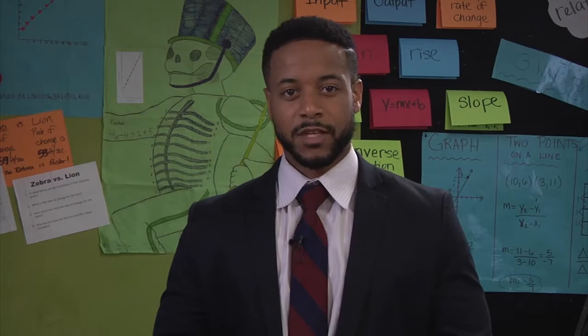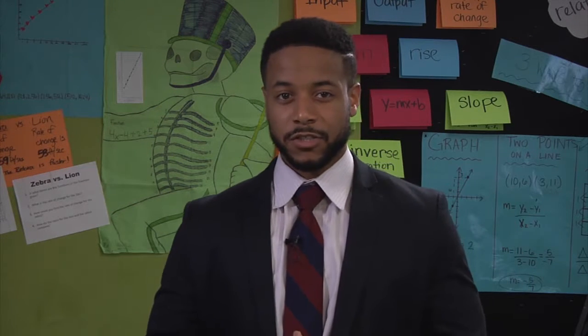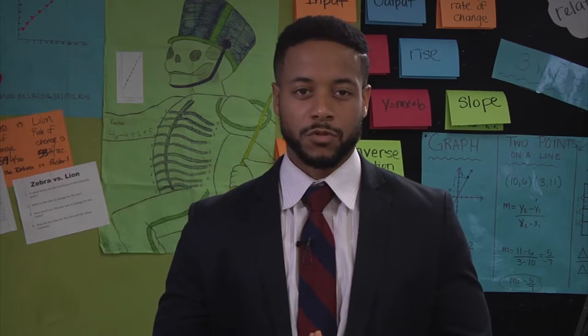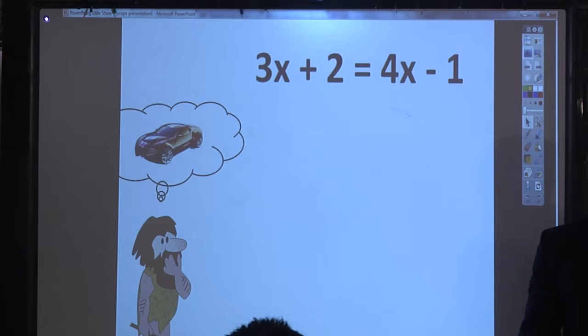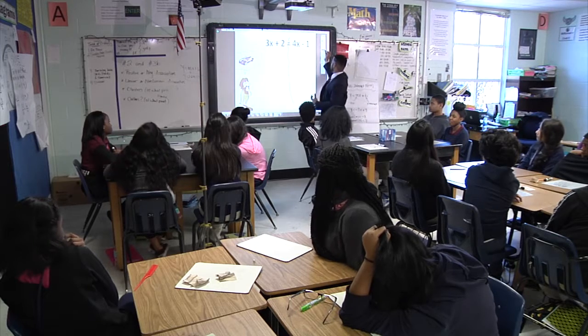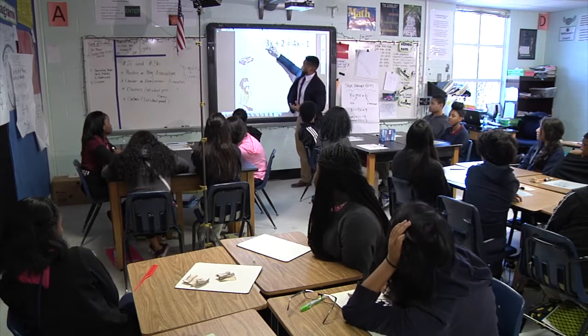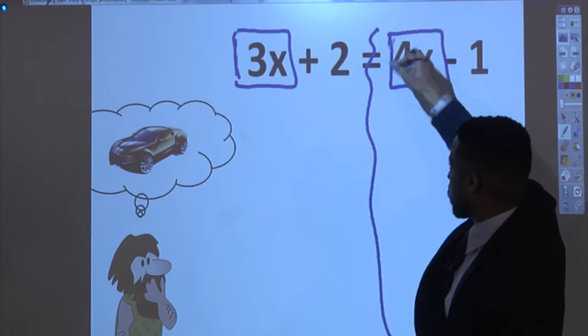More complex equations require more steps, but can still be solved using basic algebra rules. Multi-step equations. We now have two variables. We have an x on both sides of the equation. I have like terms positive 3x and positive 4x.